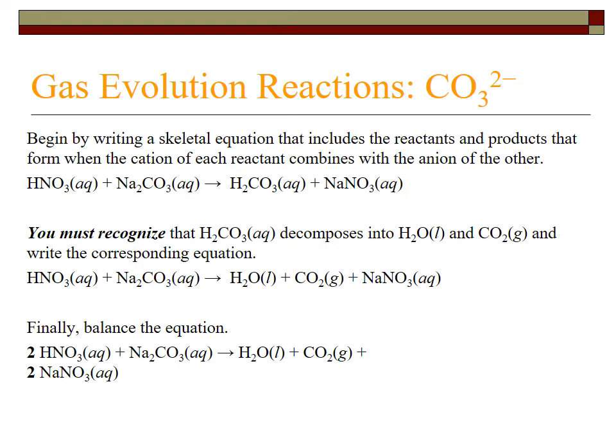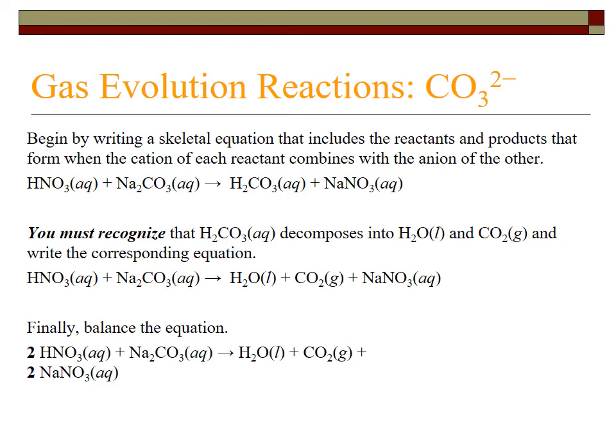Gas evolution reactions involving carbonate. We begin by writing the skeletal equation that includes the reactants and products that form when the cation of each reactant combines with the anion of another. You must recognize the intermediate product.